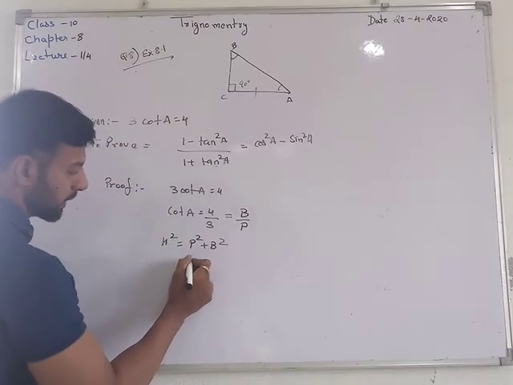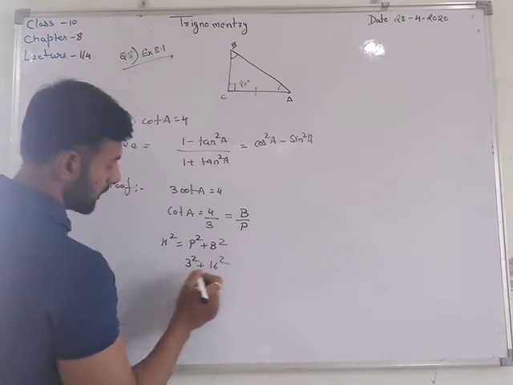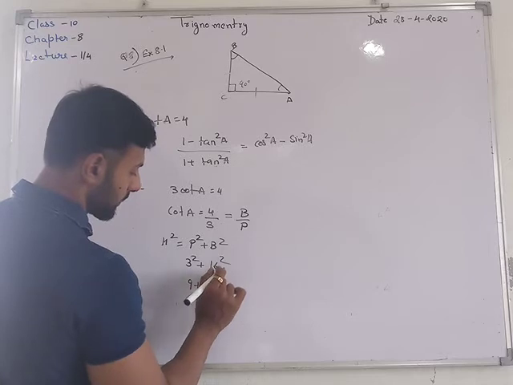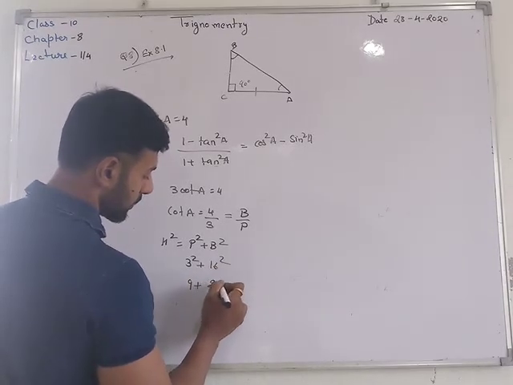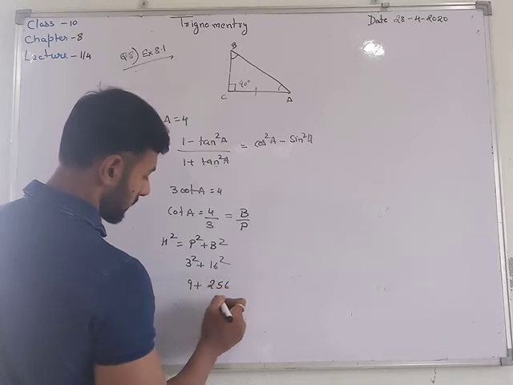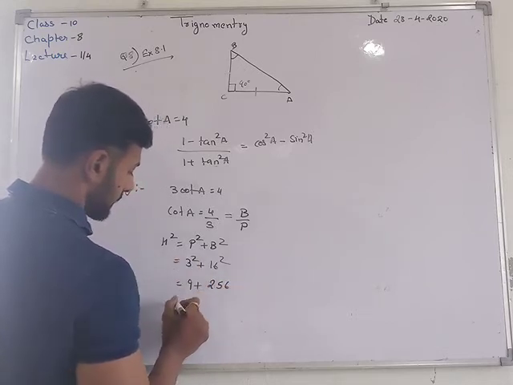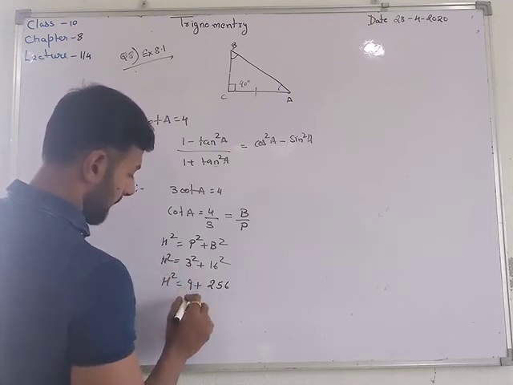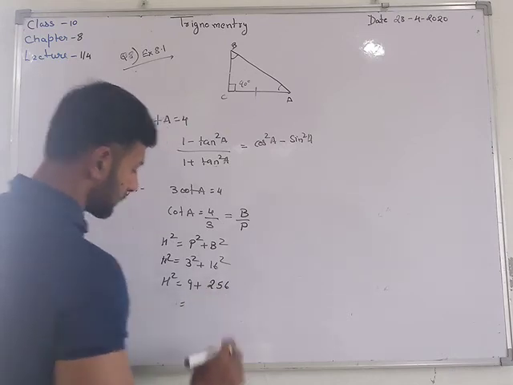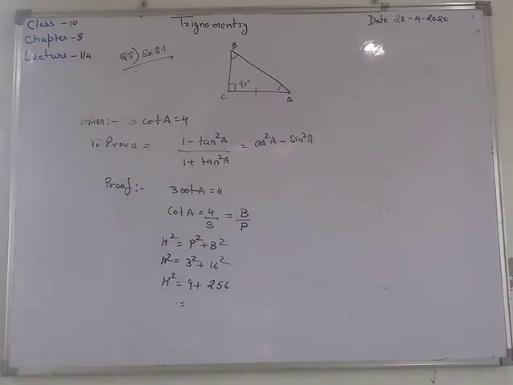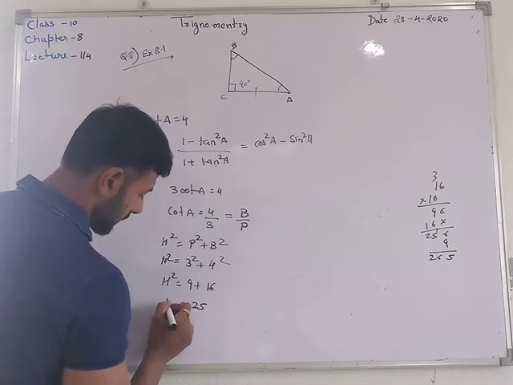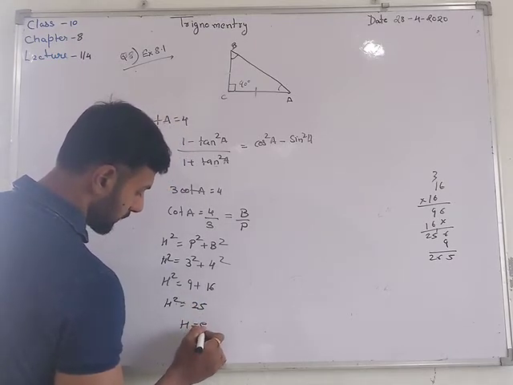P is 3, square, plus B square is 4 square. 3 square will be 9, 4 square will be 16. This is 9 plus 16. 9 plus 16 will be 25. So H square is equal to 25. H is equal to 5.